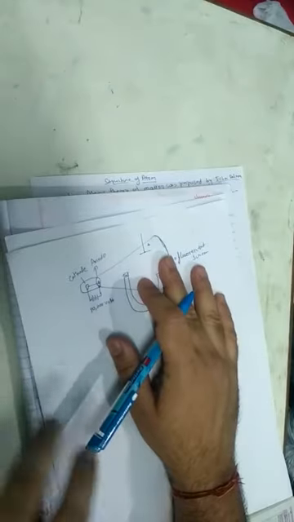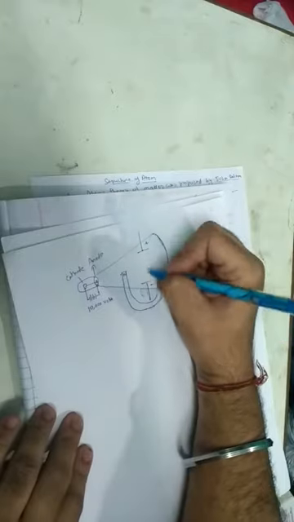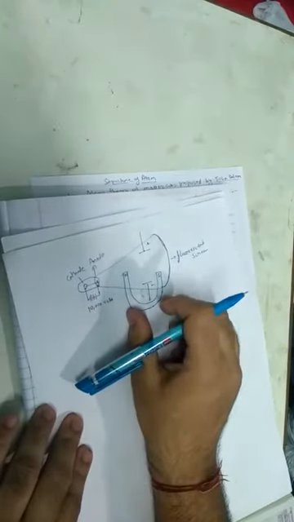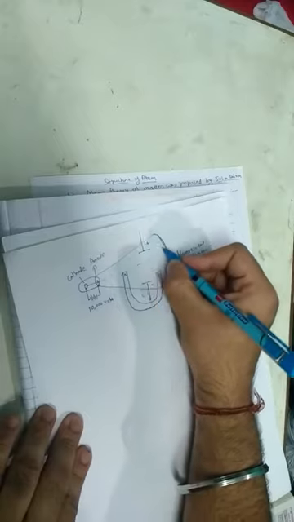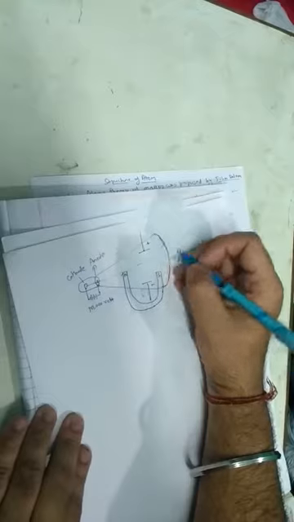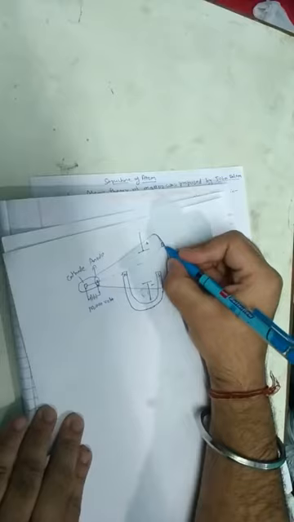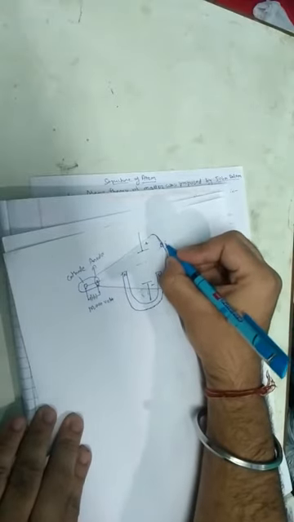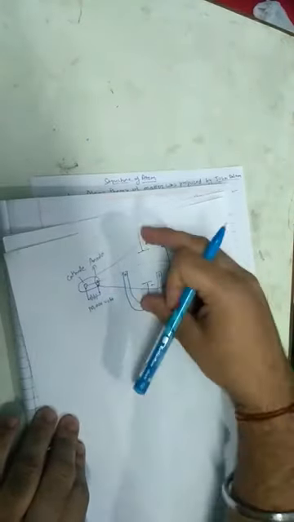He performed this experiment in three conditions. First, when only electric field is applied, no magnetic field applied. So when only electric field is applied, then the cathode ray deflected toward the positive plate of electricity, and this ray is struck on this surface and known as A. And second, performed in the absence of both fields.